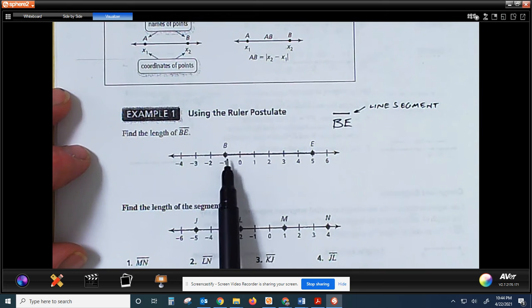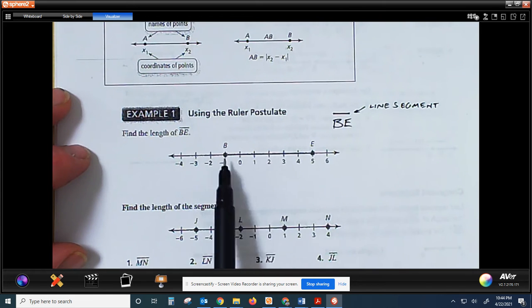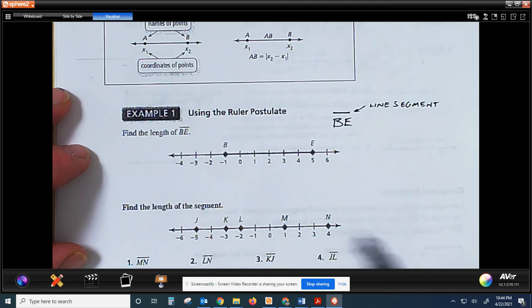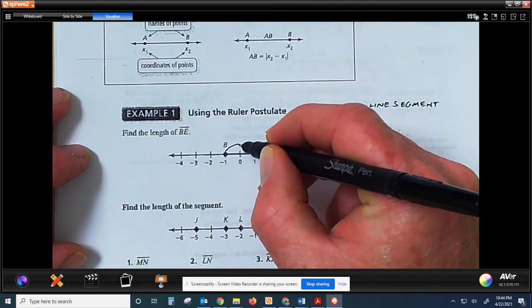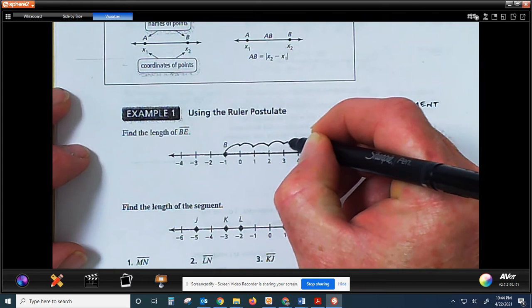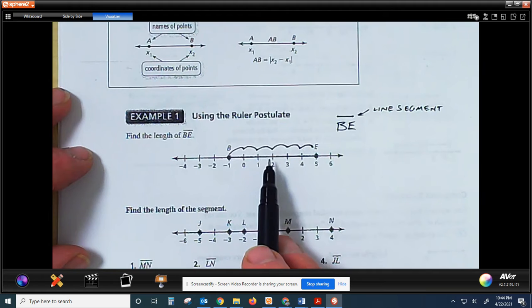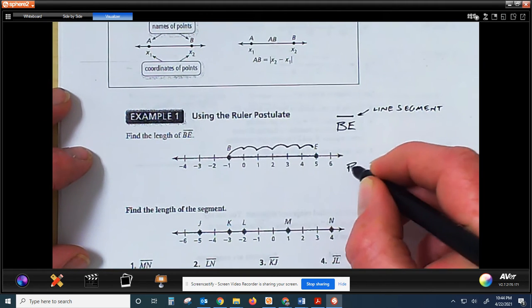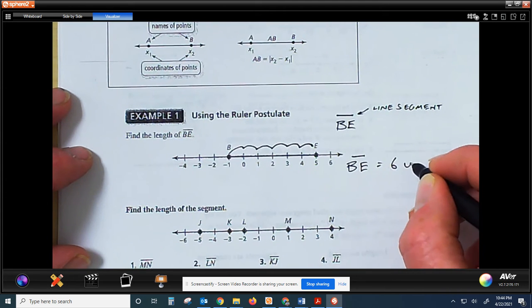Well, here I have units of length given to me on this number line. It goes from -1 to 5. And so I think you'll cover other ways next year, but I think the easiest way to do it is to count how many units of length are covered. 1, 2, 3, 4, 5, 6. BE as a length is equal to 6 units of length.